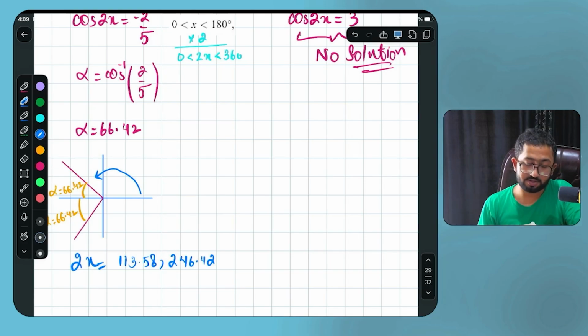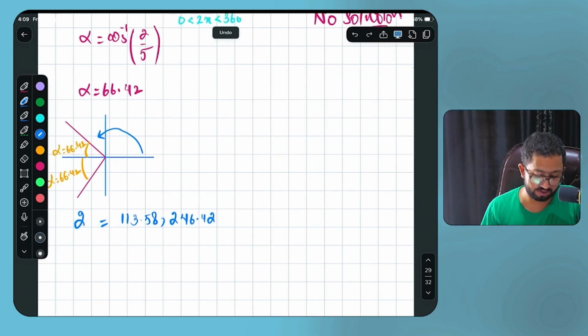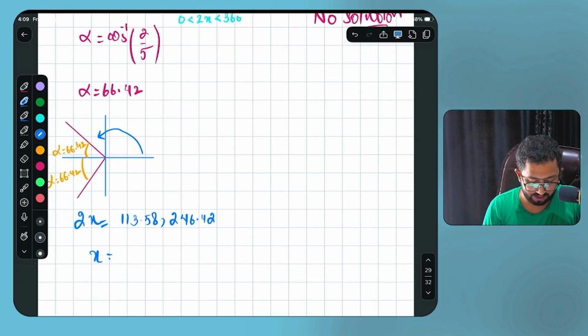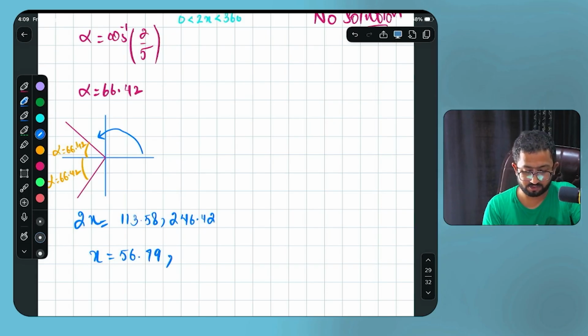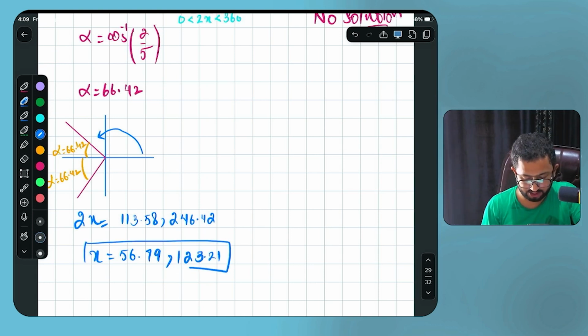So that is the answer of 2x, not x. Be careful. So divide by 2. 123.21. So this is the final answer of this question.